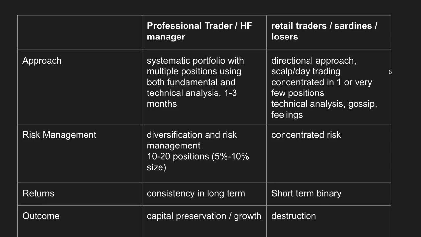Let's talk about the returns. So professional traders will have consistency. They will reach consistency in the long term. So they never expect a return in very short periods of time. They always expect to reach consistency, being consistent along years.